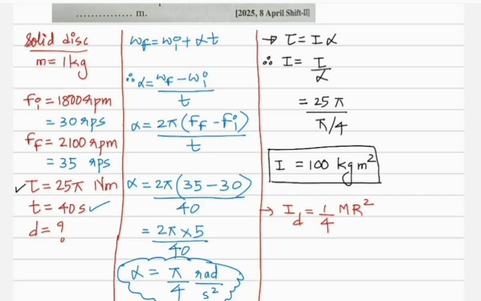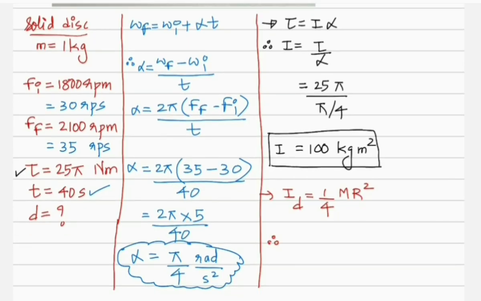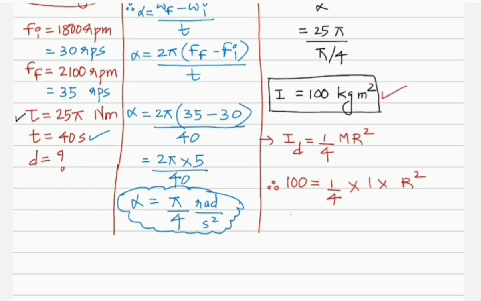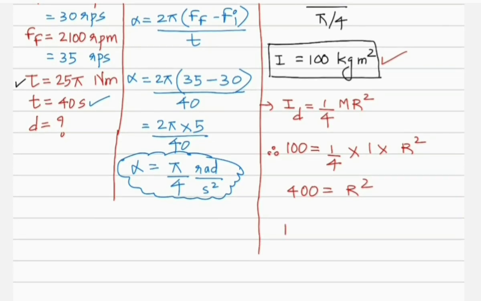Yes students, getting this? Now tell me, the moment of inertia जो आपको मिला वो है 100, this value 100 is equal to 1 by 4 into the given mass, 1 kilogram, into the square of radius, right? So this will give you, students, 400 is equal to r square. Just taking the square root of both sides, मुझे radius मिल जाएगा 20 meter.